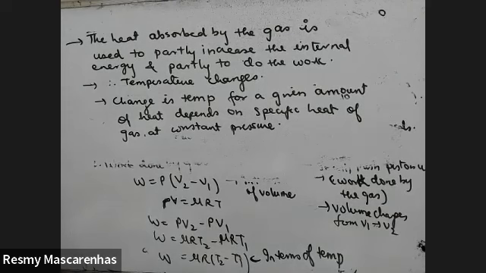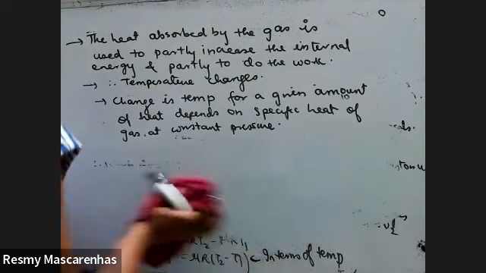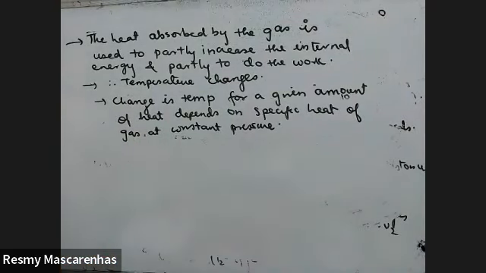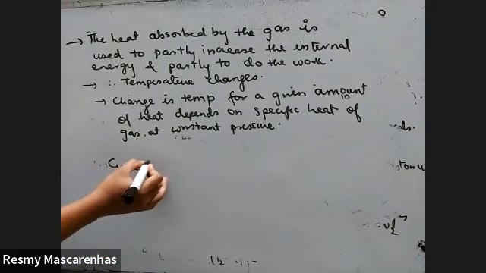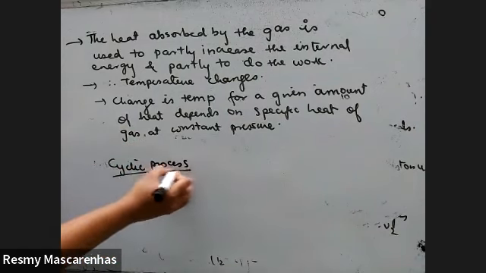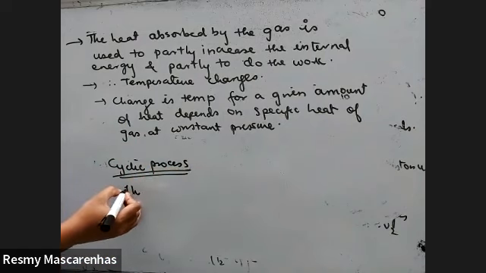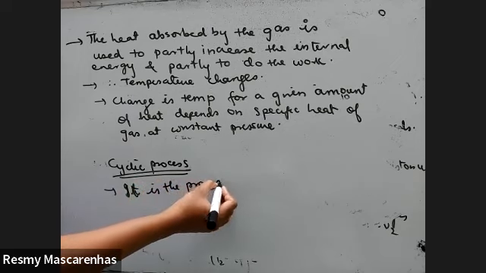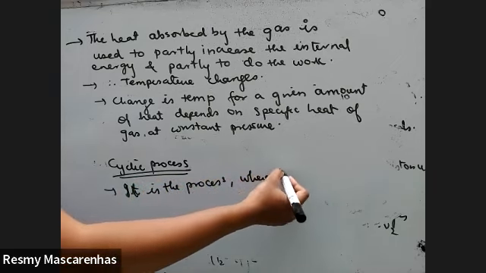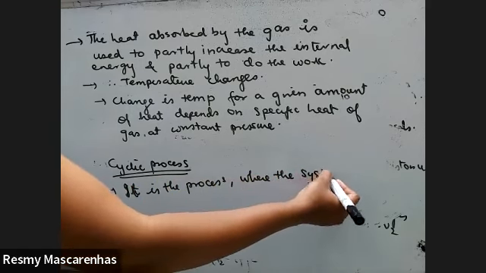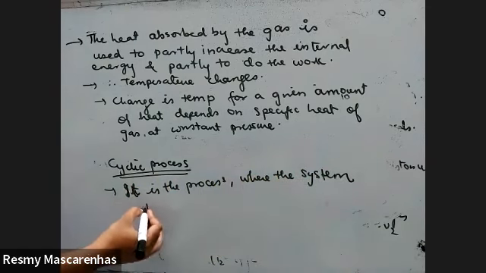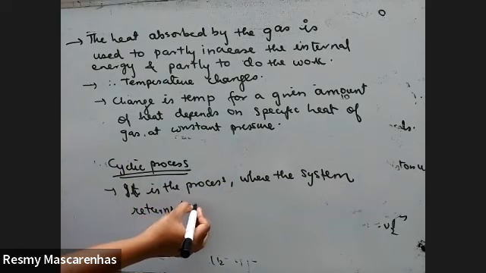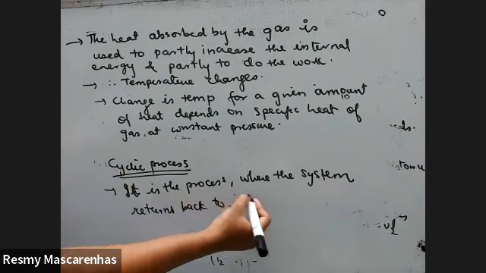If you want to know what a cyclic process is, it means the system will come back to its original place from where it started. A cyclic process is a process where the system returns back to its initial state.